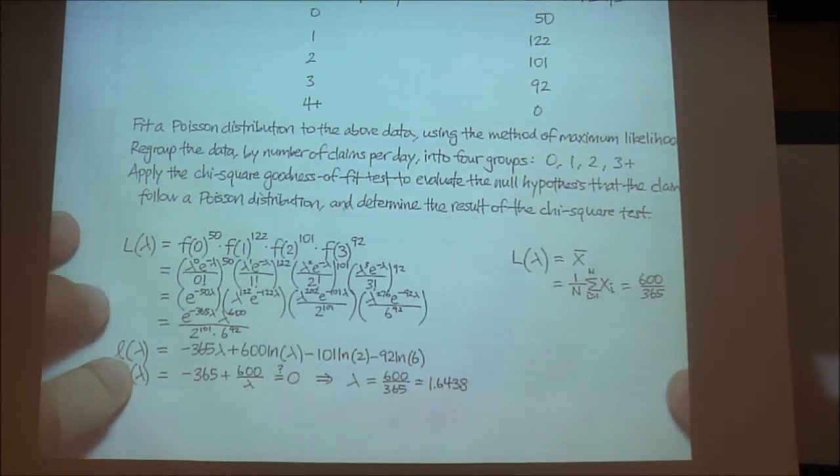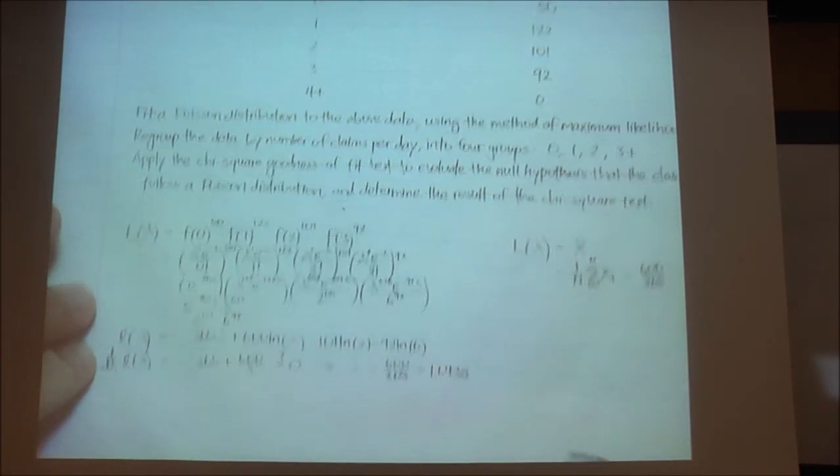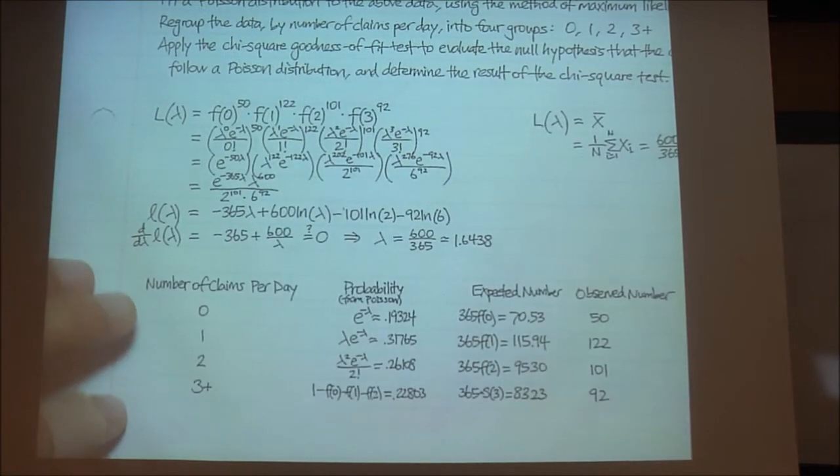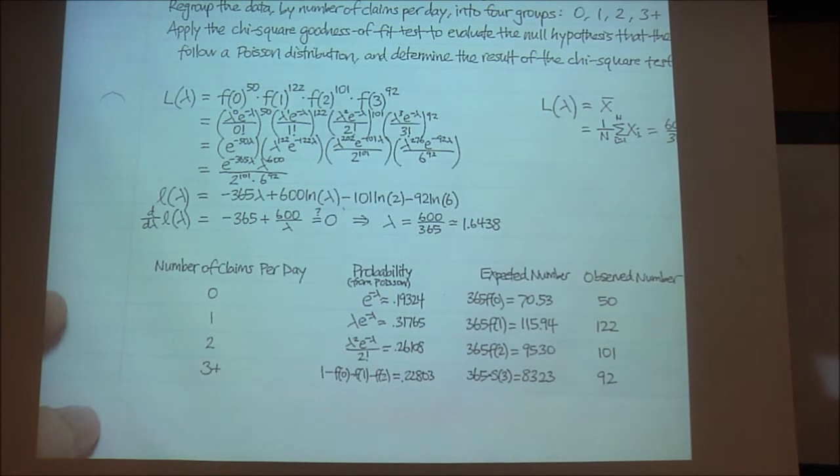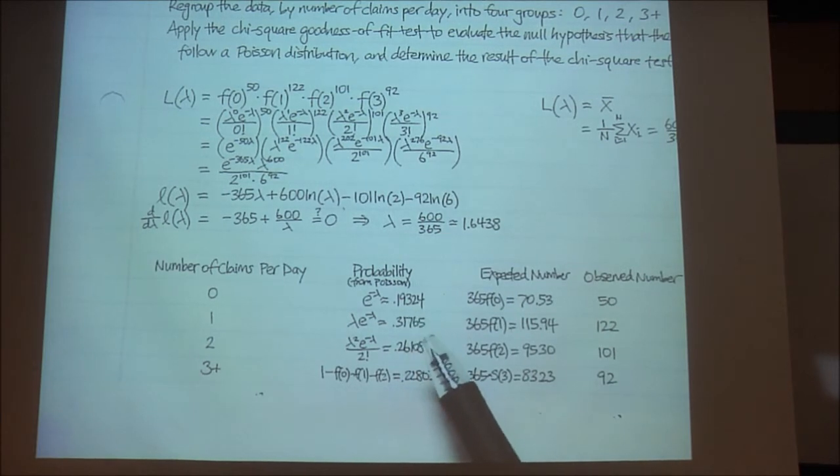All right, and the next thing it asks you to do is regroup the data into 4 groups: 0, 1, 2, and 3 plus. So we'll create a table again like in the previous examples. The probability in each case you take from the Poisson distribution with the lambda that you just calculated. So it's 0.19324, 0.31765, and so on.